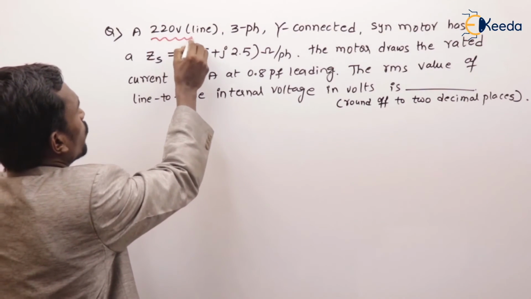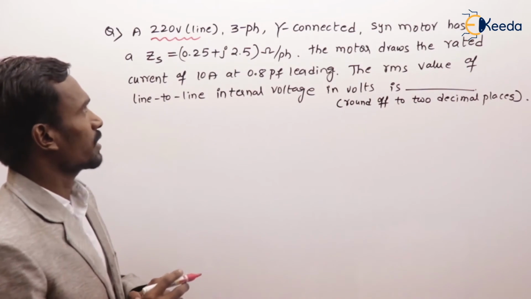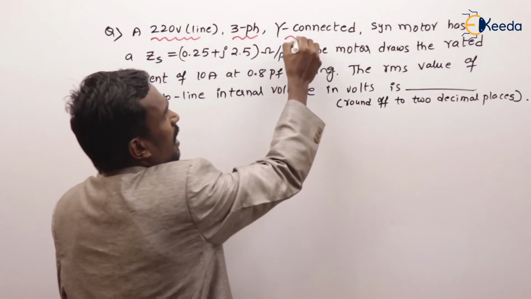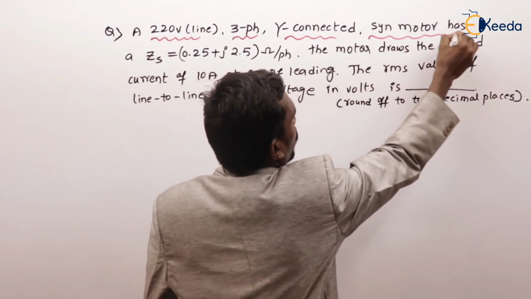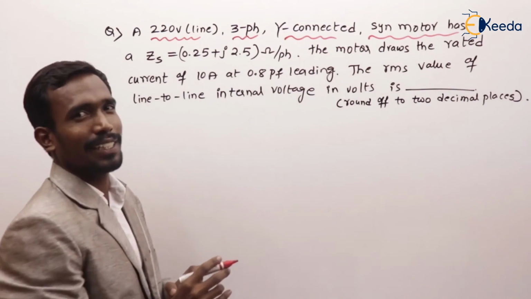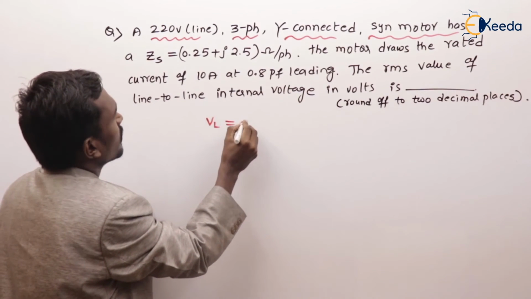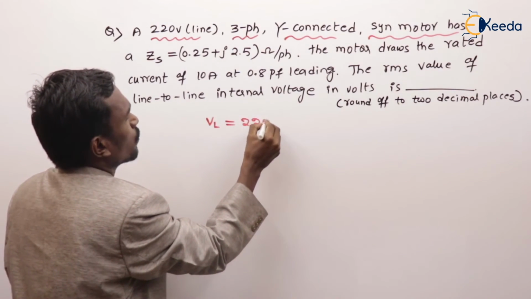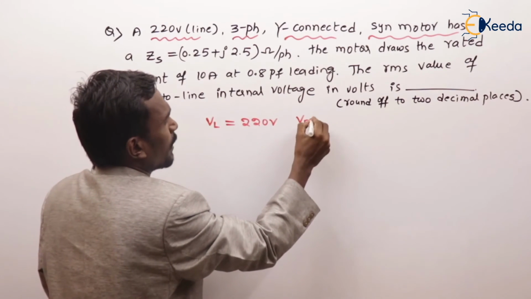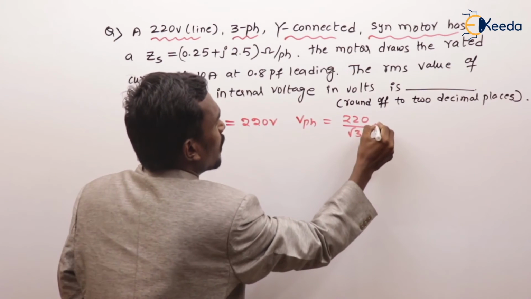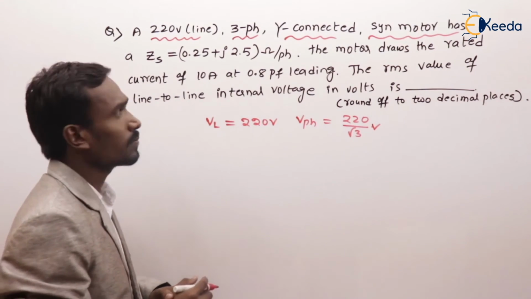A 220 volts line voltage, 3-phase, star connected synchronous motor. They gave the line voltage, right? Line voltage 220 volts. What is the phase voltage? 220 by root 3 is the phase voltage.